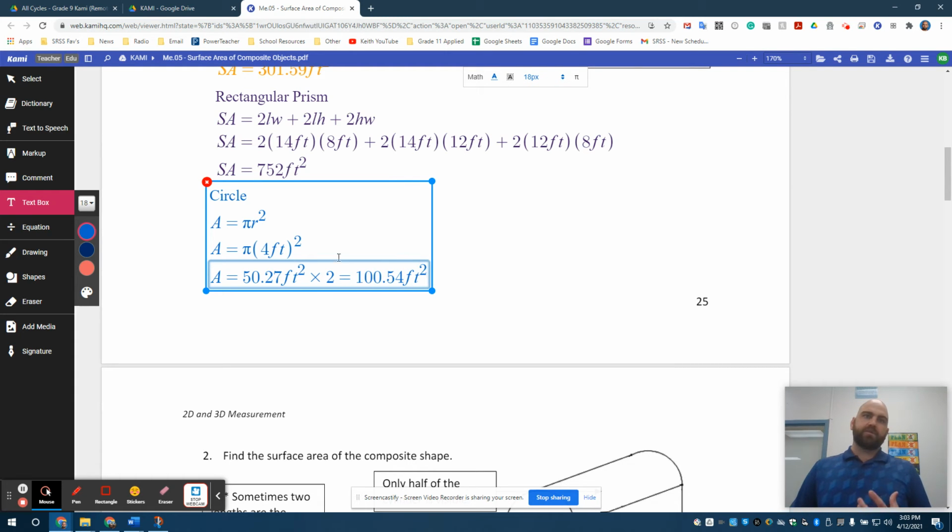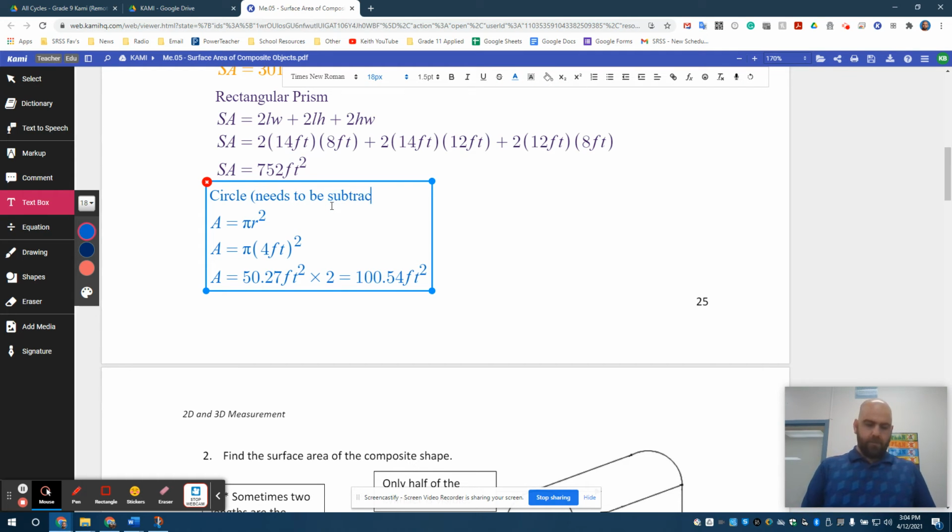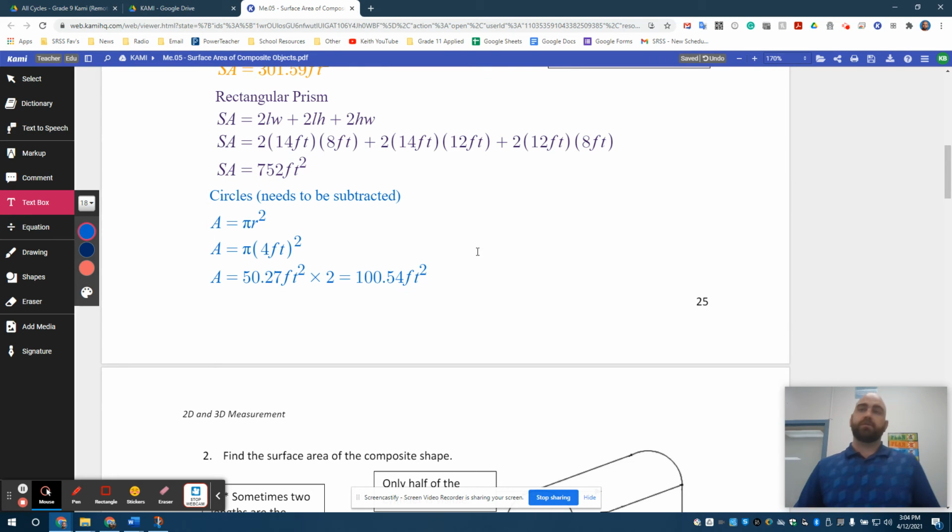That is the area of the 2 circles, and this needs to be subtracted.